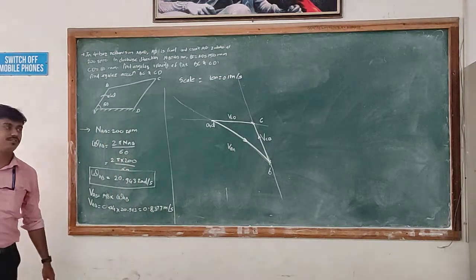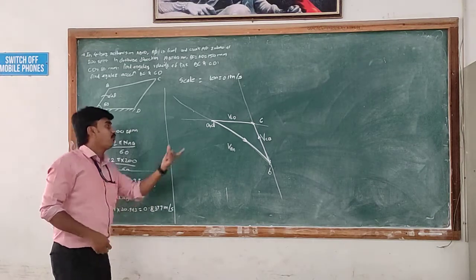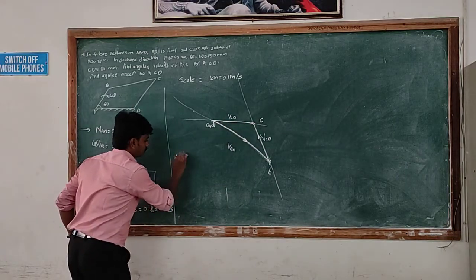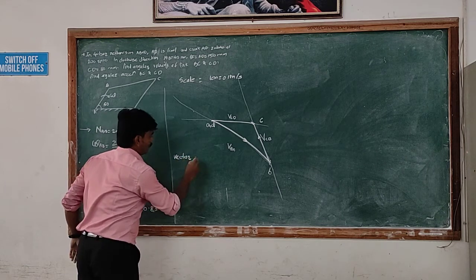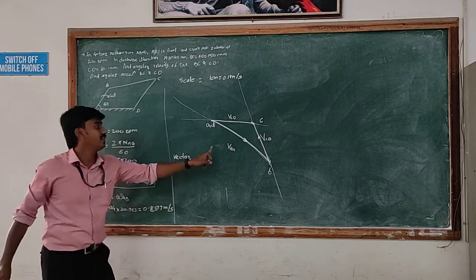Okay. Then we have to find out the magnitude of this velocity. If we measure this distance, means vector CD, what is the length of this vector CD?